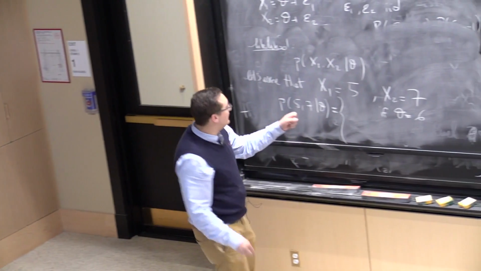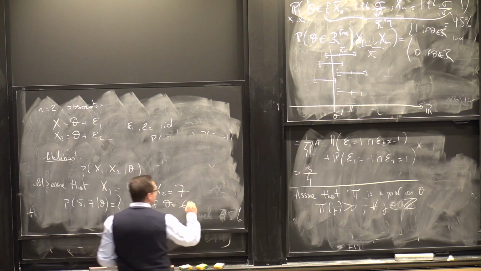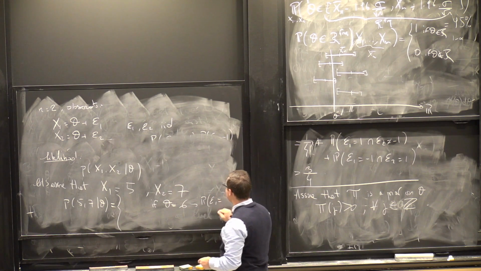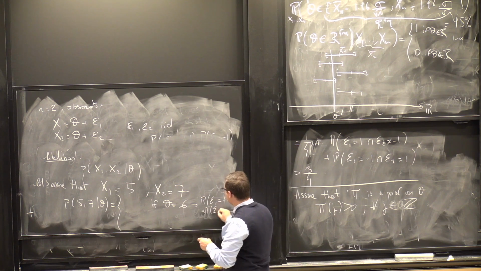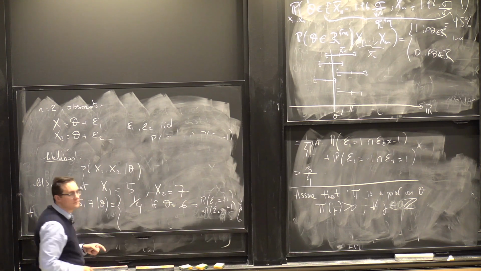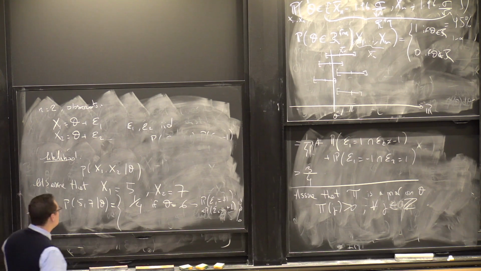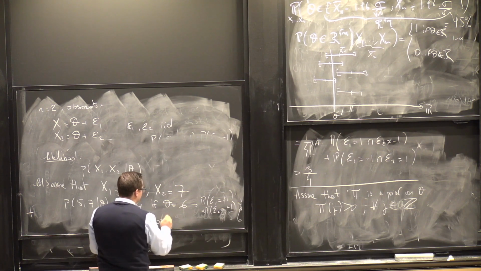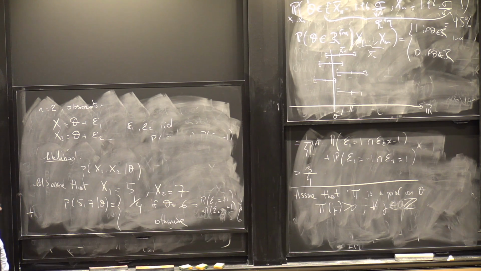If theta is 6, this is the probability that epsilon 1 is equal to -1 and epsilon 2 is equal to +1, which is equal to 1/4. So this probability is 1/4. If theta is different from 6, what is this probability? Since we've only loaded the integers, if theta has to be another integer, what is the probability that I see 5 and 7? 0.